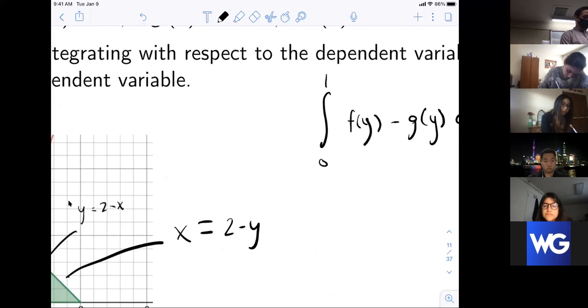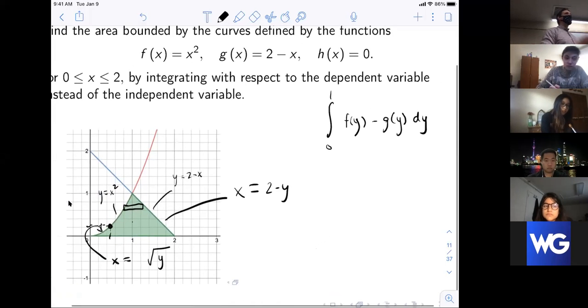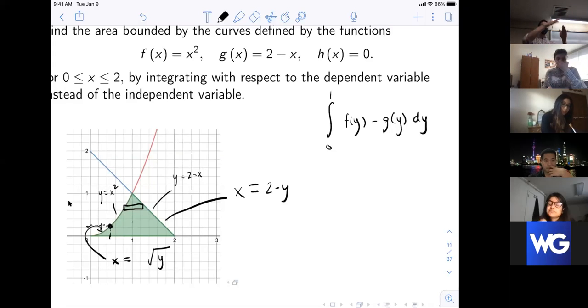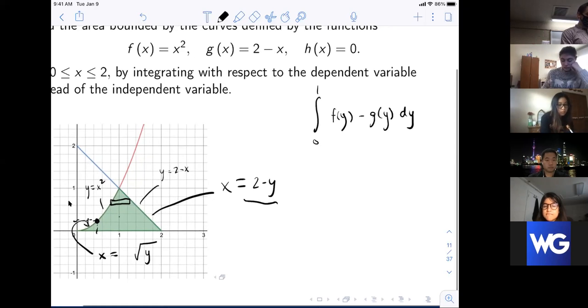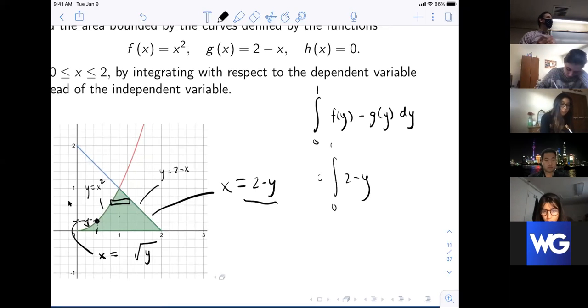0 and 1. And so now looking at this, f of y, that's the function that's on the right. So what's the function of y that is sitting on the right side of this region? The 2 minus y. Exactly right. That's the 2 minus y. So this is going to give me the integral from 0 to 1 of 2 minus y. And what's the function of y that sits on the left side of this region?